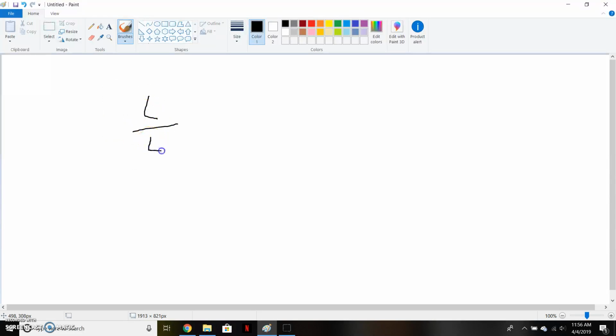So L over L of the sun is equal to M over M of the sun, all to the 3.5 power.